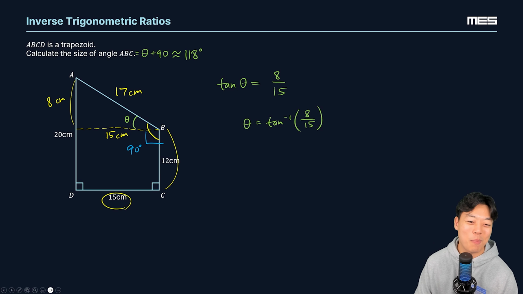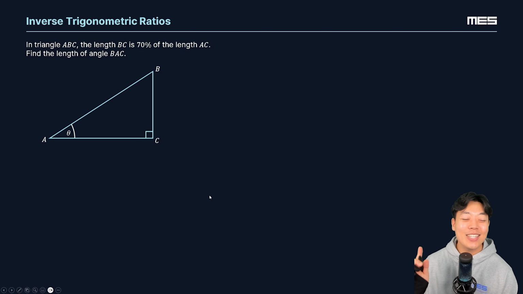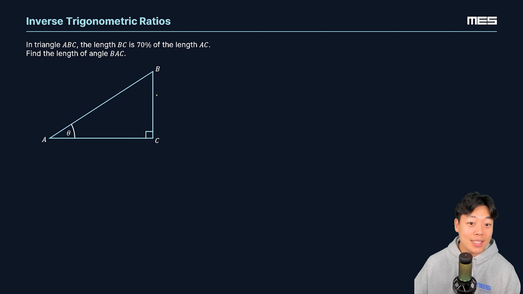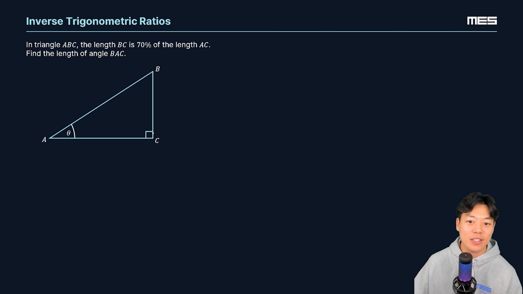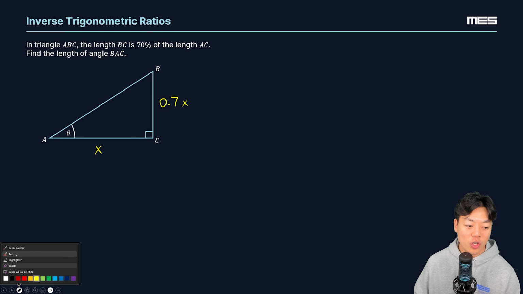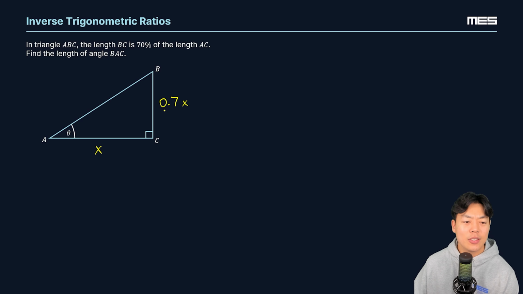for ABC, approximately. In triangle ABC, the length BC is 70% of the length of AC. So whatever AC is, BC will be 70% of that, 0.7 of x, right? For those of you that might struggle with percentages. And so let's find the angle BAC.